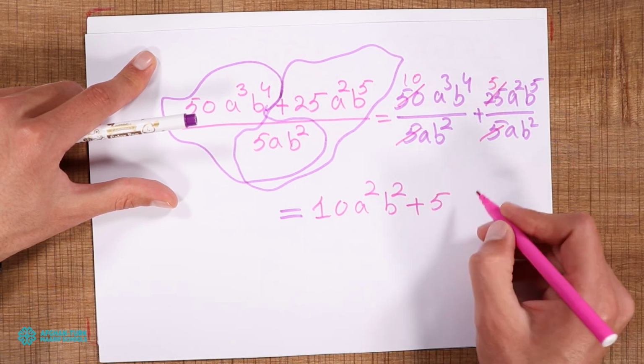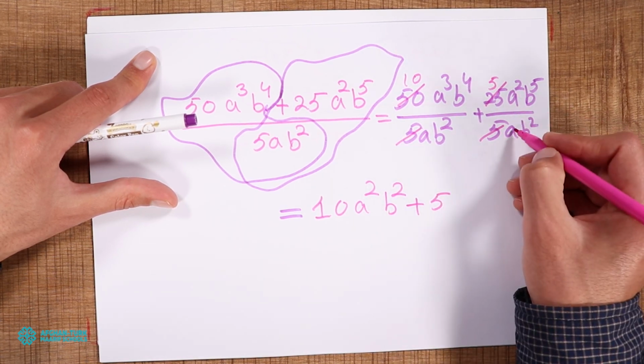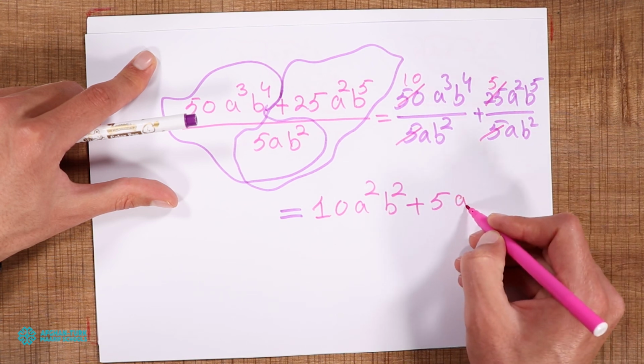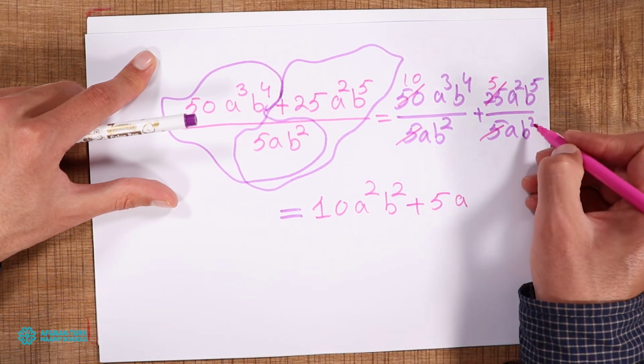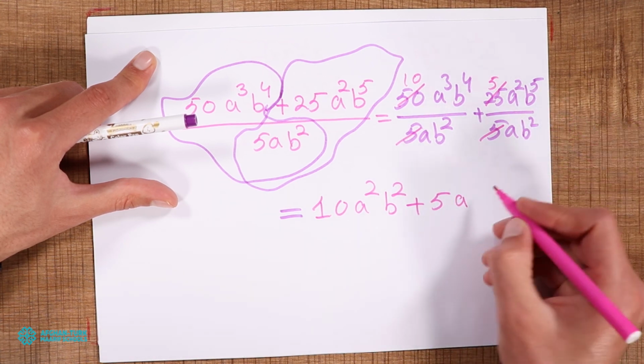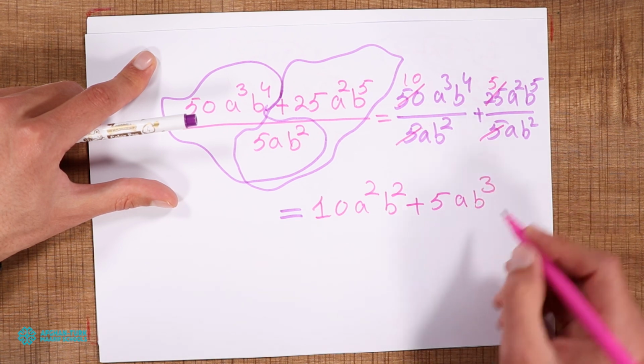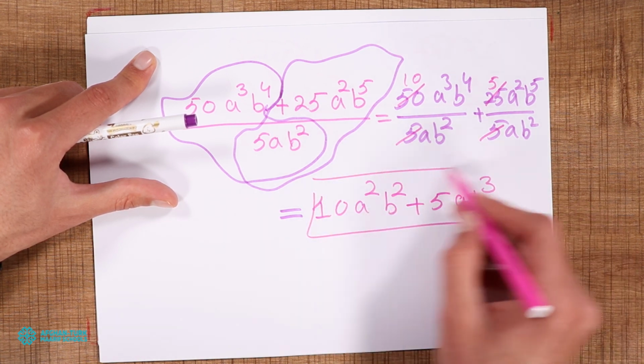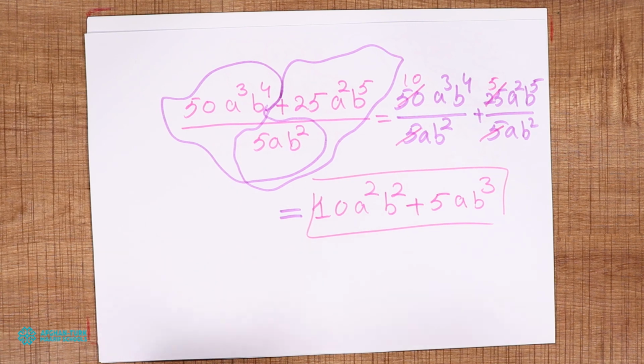So it will be 5 a to the power of 2, a to the power of 1 will be a to the power of 1, b to the power of 5, b to the power of 2, 5 minus 2 is 3, so b to the power of 3 is the answer for this polynomial.